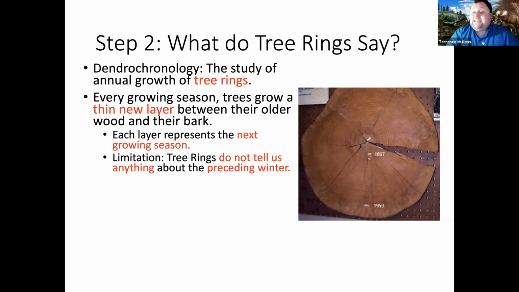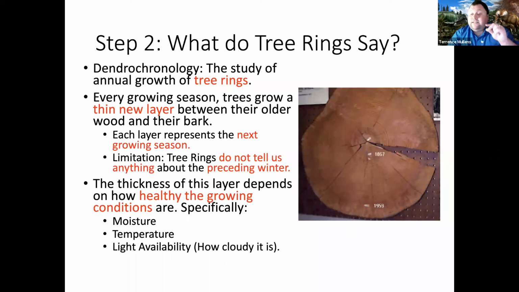Now that can actually tell us a lot. The thickness of the ring tells us what kind of growing season it was. If it was a really healthy growing season, with a lot of light, ample moisture, and ideal temperatures, you're going to have a really thick tree ring.